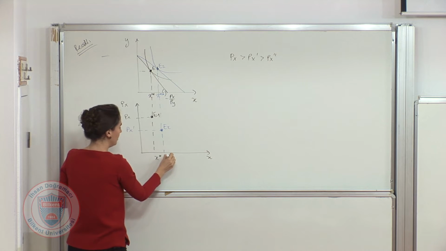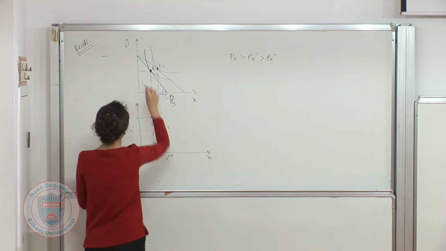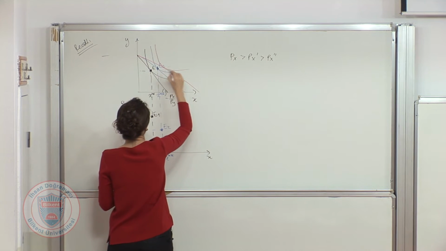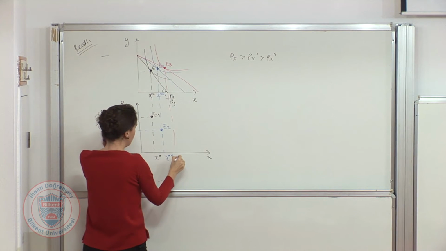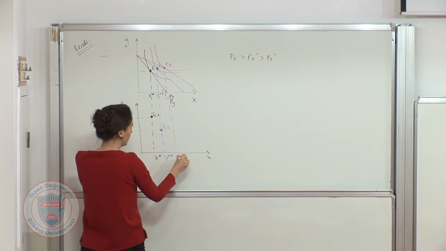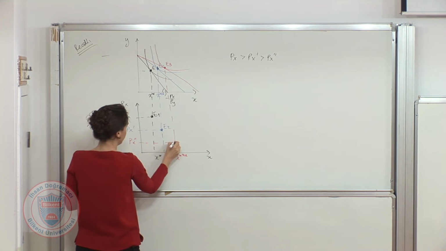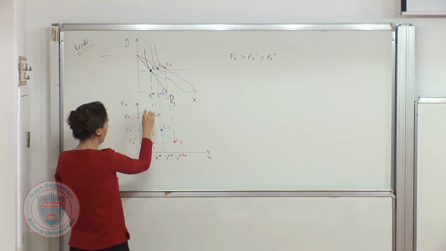We do it for another point, E3, which is X triple star, when we have Px double prime. And then we connect all these points.